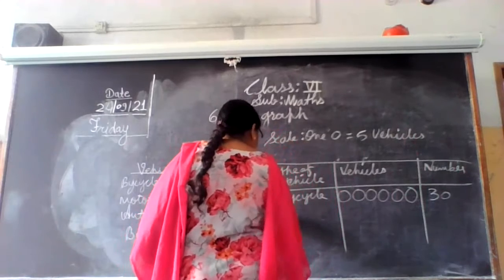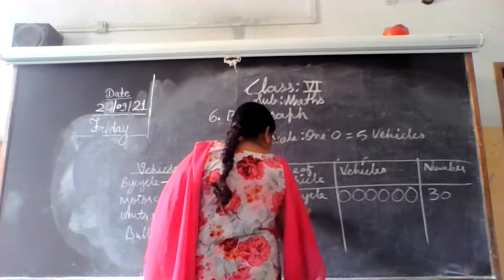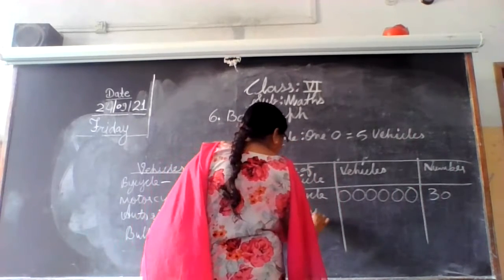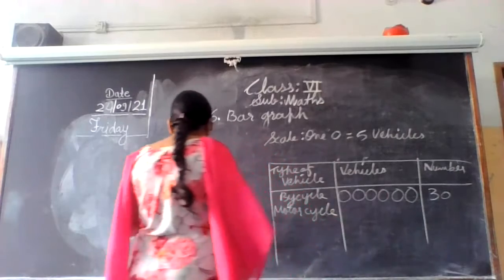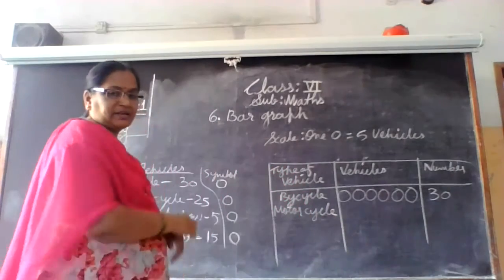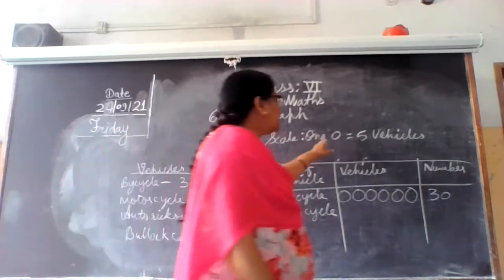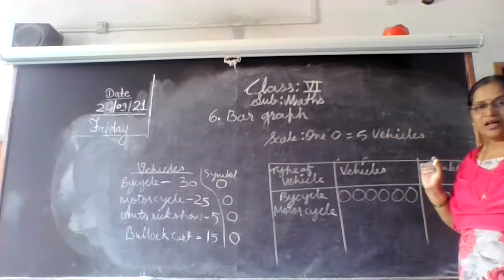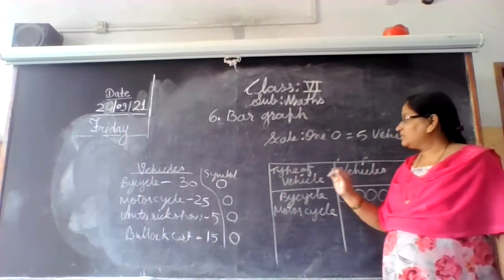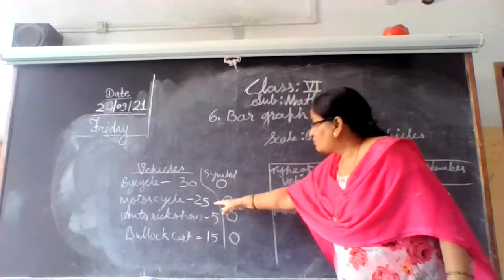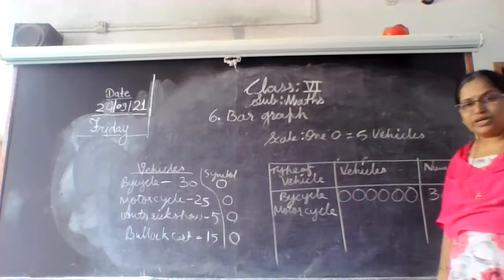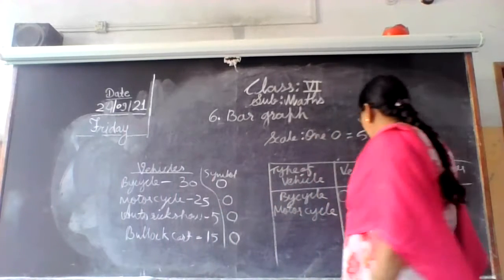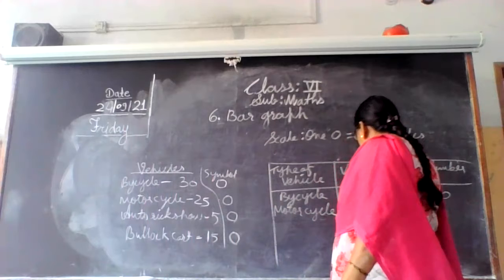Motorcycle. Number of motorcycles is 25, and one circle represents 5. So how many circles do I have to draw here? You can divide 25 by 5. What do you get? 5.